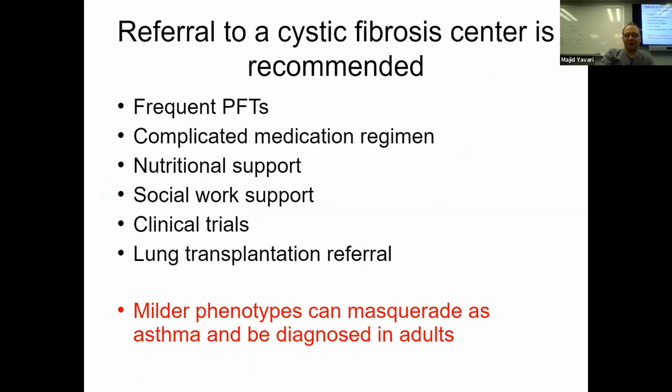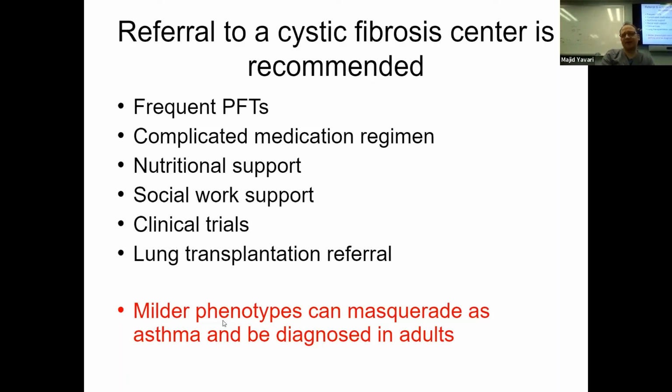And if you do happen to diagnose CF in a young adult with an intermediate phenotype, you'll win an internal medicine prize, which is more clinic. And you should refer them not just to a pulmonologist, but to a CF center, because they need a comprehensive nutritional, social work, and medication plan, and lung transplantation referral is the endpoint for people with severe disease many times.